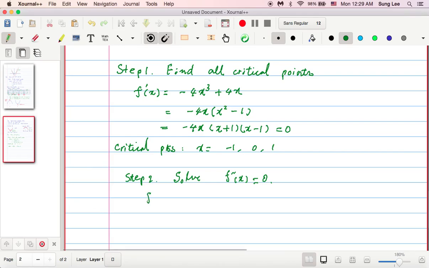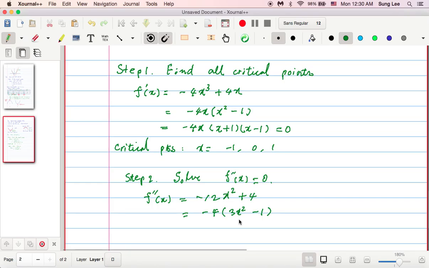So here, f double prime of x, that's going to be negative 12x squared plus 4. Okay, so I'm going to factor out negative 4. So that leaves 3x squared minus 1.